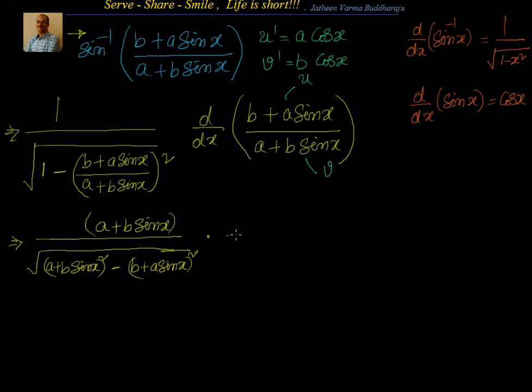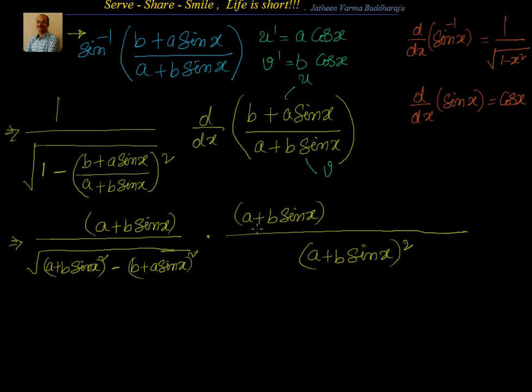Okay. Now the derivative of (b plus a sin x) by (a plus b sin x), that is the u by v derivative. I have to first write v square, that is (a plus b sin x) whole square. Then I will have v into u dash, that is (a plus b sin x) multiplied with u dash.